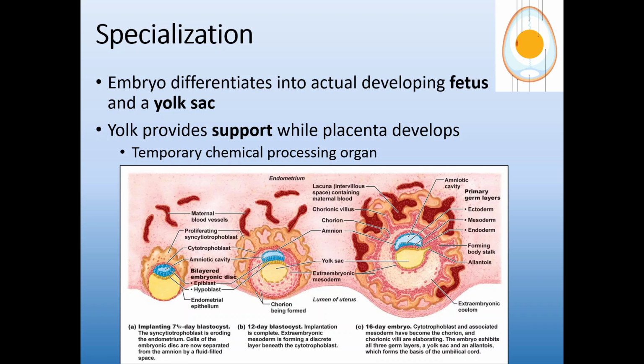So it's going to be the attachment to the mother, and that's how it's going to take in the oxygen that it's getting from those arterioles, how it takes in the nutrients and provides that to the developing fetus. So it's a primitive organ that will eventually be taken over by the placenta. So, not a chicken egg.